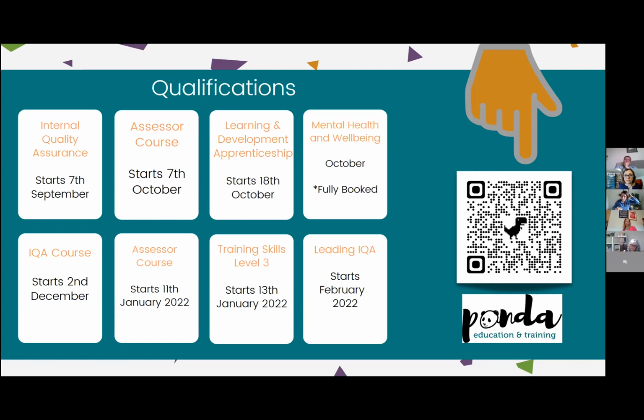Yeah, I mean, we're currently delivering that for the NHS. And yeah, we're on our 3rd cohort at the moment. Think of it as like train the trainer, but at a higher level. So it's at the level that most companies are looking for from a trainer to start, level 3. So for those of you that know the old PTLLS course and the award in education and training, which we also deliver, this training skills level 3 is an Agored unit.